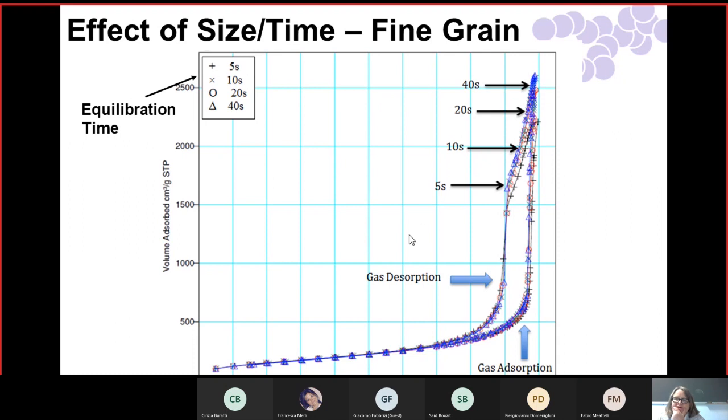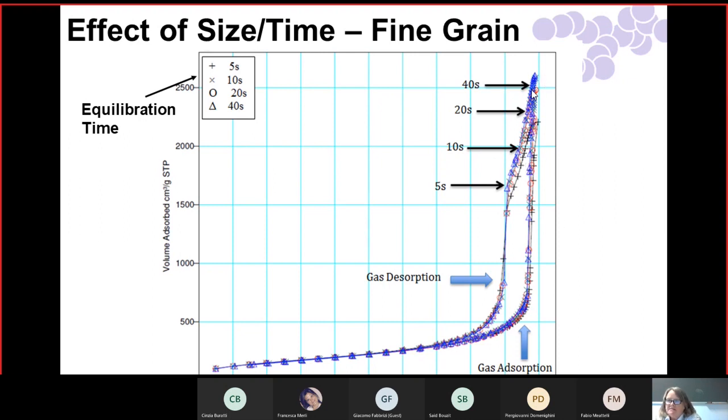And here are equilibration times. I remember I showed you the plot at the beginning where they had very different isotherms based on equilibration time, or time to do the test. And so here's my adsorption on the sample, and here's my desorption. And again, it's very much a mesoporous material. We can see that. And in this case, I think the 40-second took 80 hours, 3 days to do.